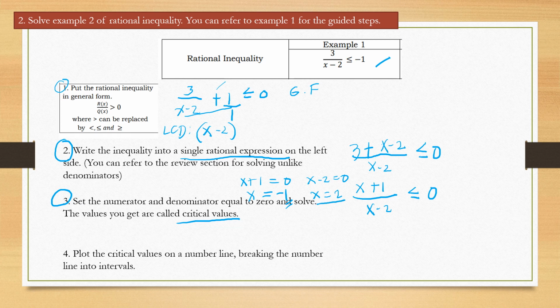Isa to sa critical value. Saan nakukuha yung critical value? Itong critical value, since inequality tayo, ito yung magiging point kung saan kukuhanin natin yung intervals or madi-divide natin yung ating number line into regions dahil sa critical values natin.